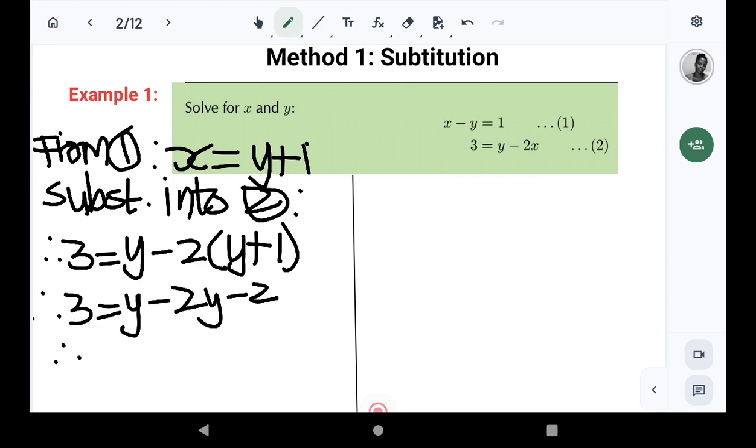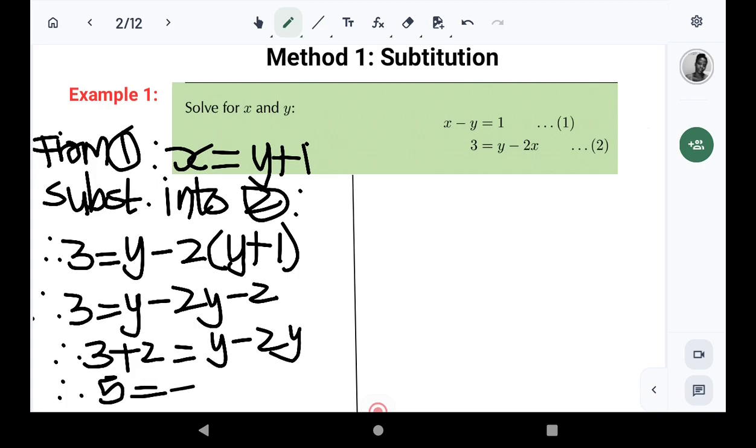Take all the numbers to the left hand side. Add like terms. 3 plus 2 equals 5. Y minus 2y equals negative y. Therefore, multiply both sides by negative. So you're left with negative y equals negative 5, or y equals negative 5.